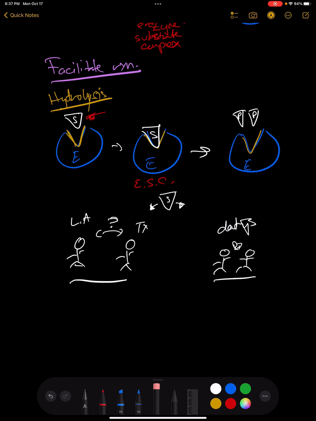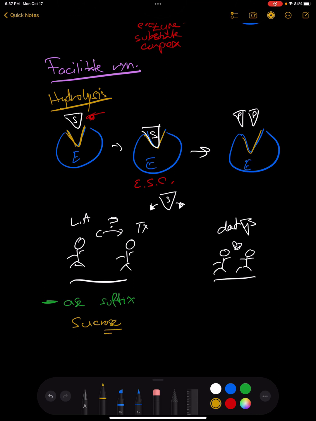Now, a couple other things about enzymes. Not a couple, we have a few more things. One thing about enzymes is they always end in the suffix ase, just while I'm thinking about it. And usually they're named after the thing that they're doing the reaction with. So like, let's say I have sucrose, right?